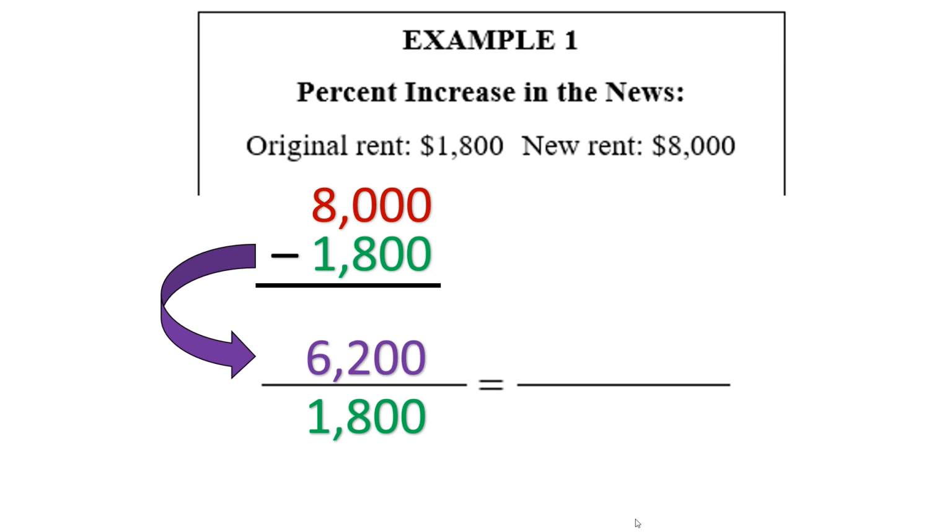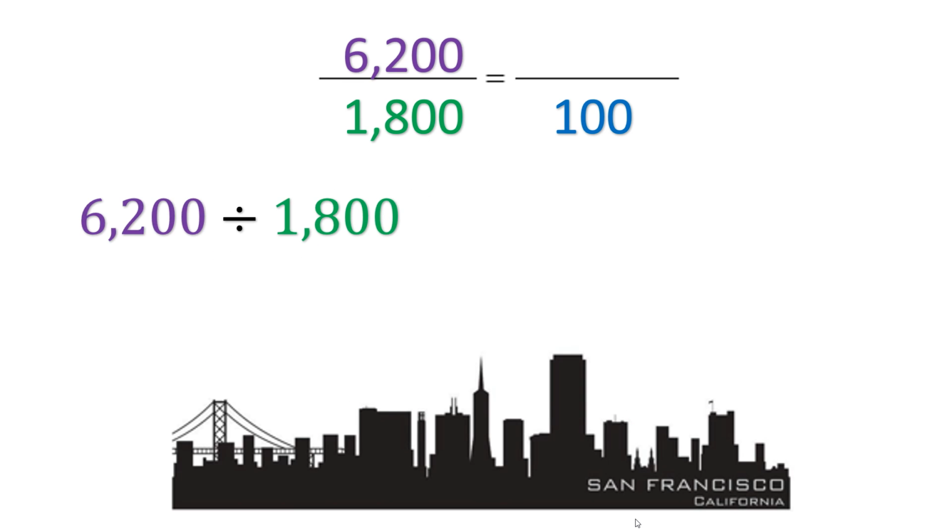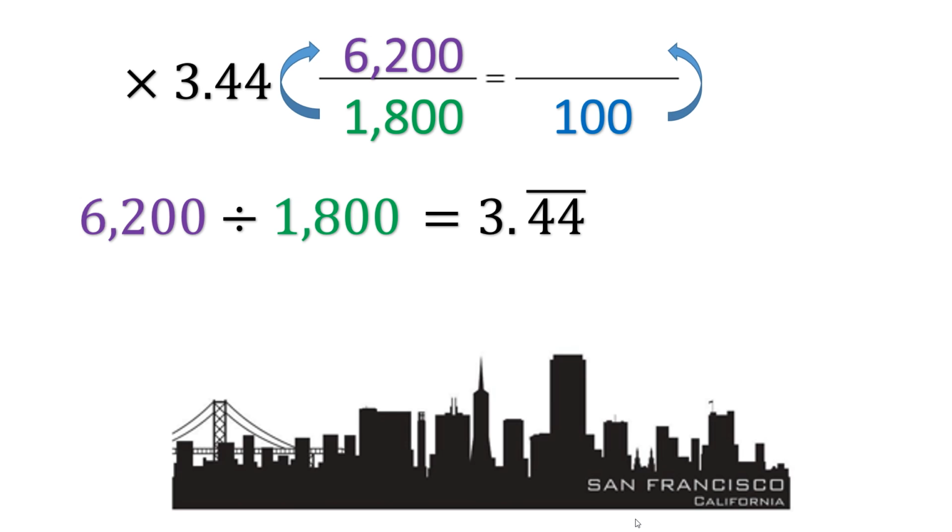We always compare percent increase or decrease to the original. So the denominator is always going to be the original value. And then to find the percent, we would take 6,200 divided by 1,800, and you get 3.4 repeating. Therefore, if you multiply 3.444 by 100, it's going to become approximately 344%.